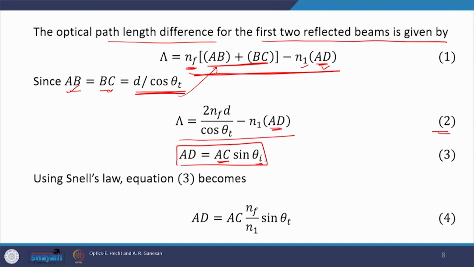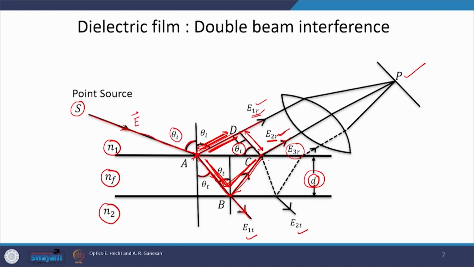Theta I is the angle of incidence. Suppose we want to represent everything in terms of theta t, then we can use Snell's law. And what is Snell's law? You see in this figure, sin theta I upon sin theta t is equal to NF upon N1.